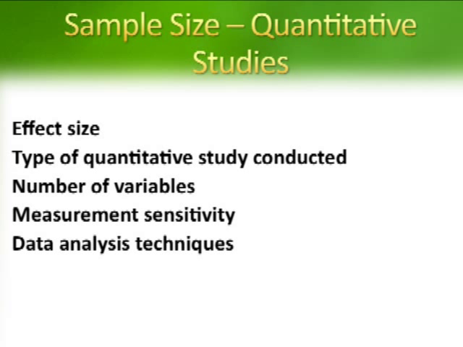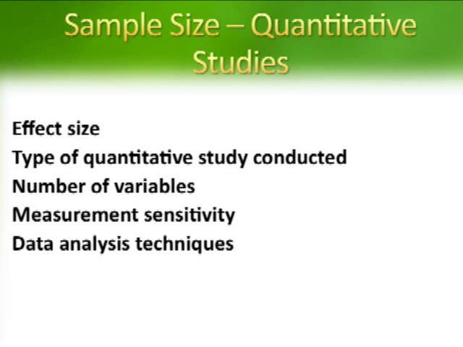As the number of variables studied increases, the sample size should also increase. And as the ability of the instrument to detect the phenomenon increases, the sample size may decrease. And finally, as the power of the statistical test increases, the sample size may decrease.